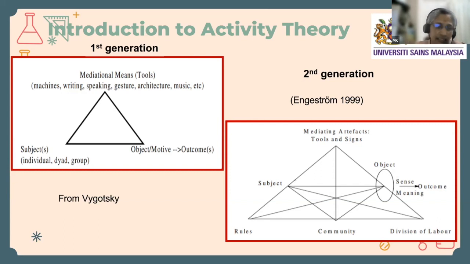This triangle shows the interrelationship between the subject, the tool, and the object, which is the purpose of participating in the activity. This first generation was expanded further by Engestrom in 1999 by including the societal component.